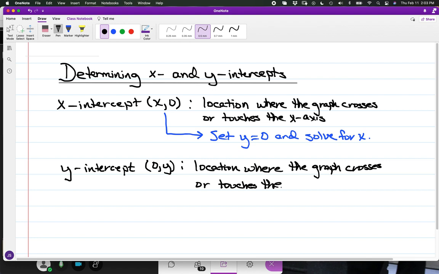In comparison to the x-intercept, you're just switching around what you're solving for and what you're setting to 0. Keeping in mind that all ordered pairs are of the form x, y, we set x to 0 and solve for y.